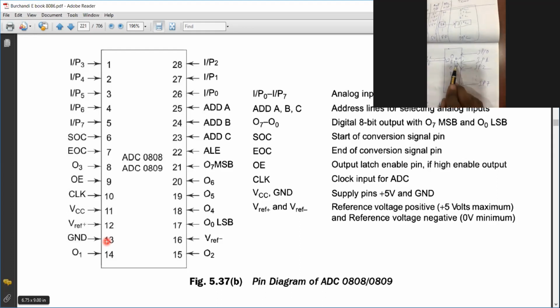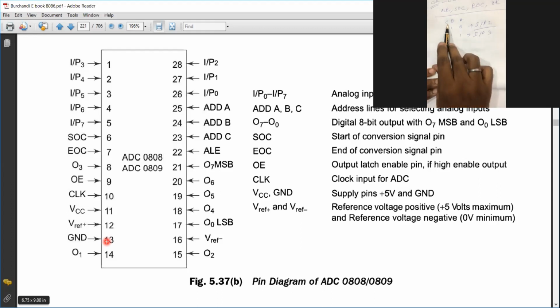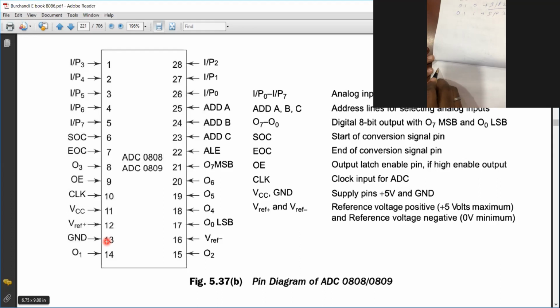This buffer register is connected with IP2, but data will not be taken until you give the ALE signal. Say you give 02 in CBA: C0, B1 and A0. Input channel 2 is selected, but the data is not yet coming into the internal buffer. So first you give a signal, the ALE signal.